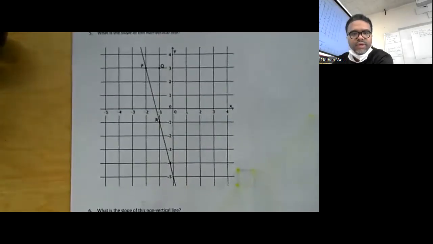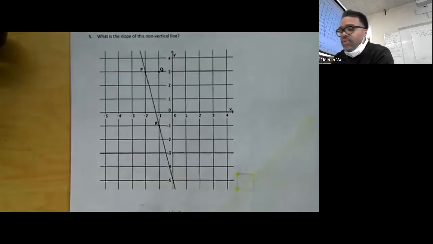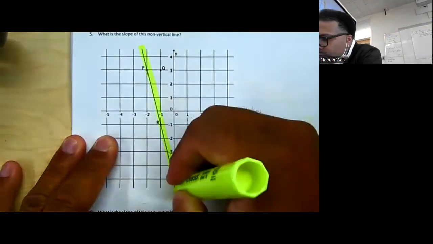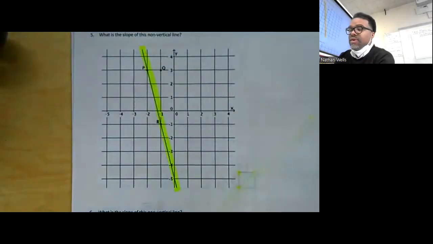Let's take a look at one final, well, 2 more examples. So what is the slope of this non-vertical line? First of all, from left to right, is it going uphill or downhill? From left to right is going downhill, so I know that it's going to have a negative slope.